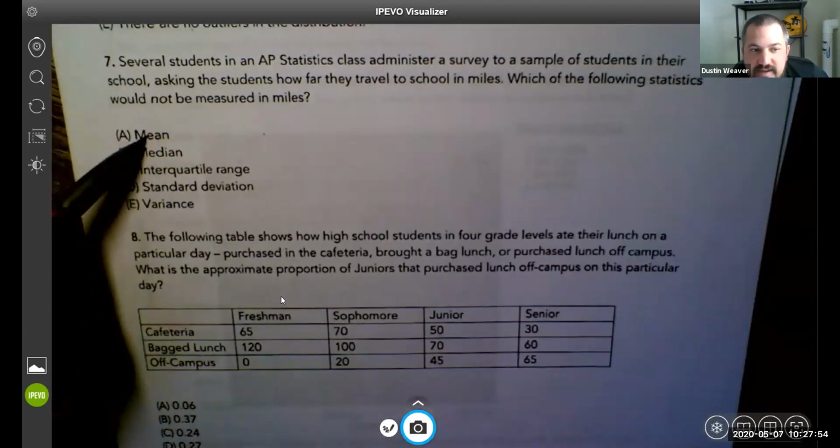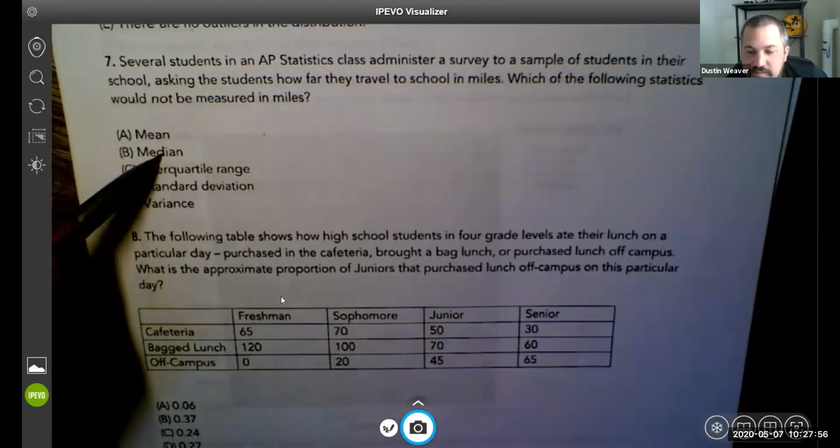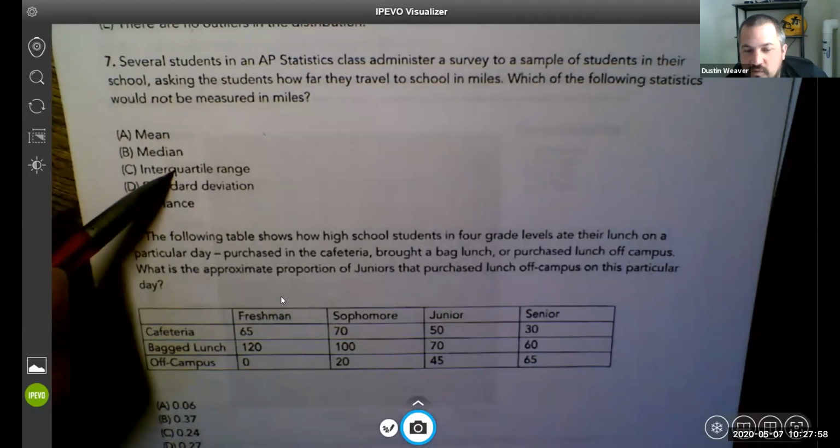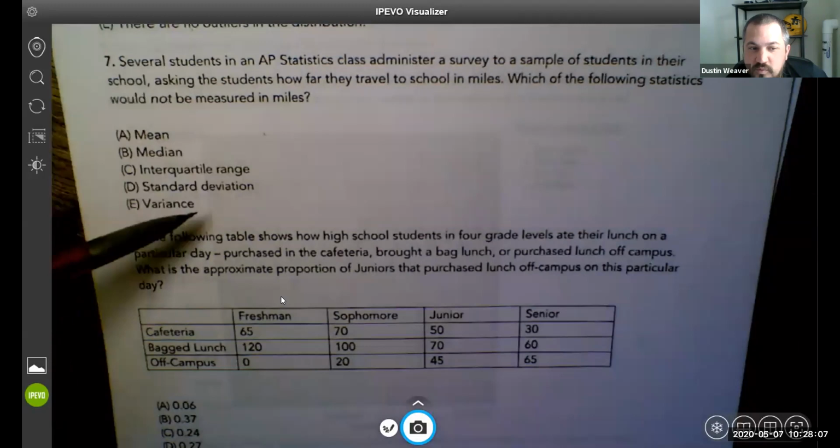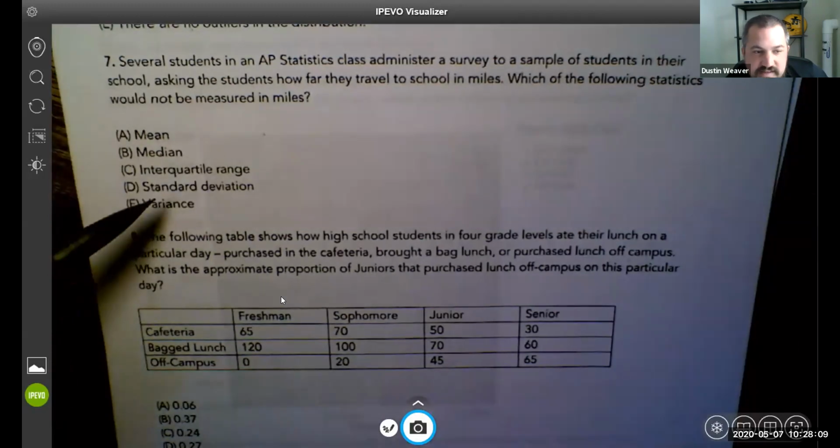We know the mean is the average. We know the median is the middle score. We know the interquartile range is Q3 minus Q1. We know the standard deviation is the average distance that we are away from the mean. But what's the variance compared to the standard deviation?